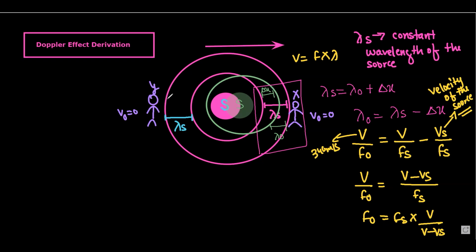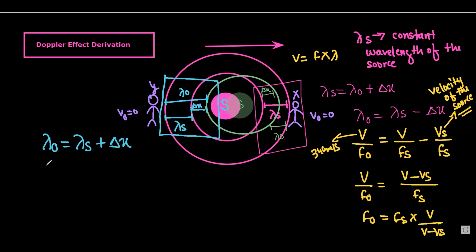So the change in wavelength between the old one and the new one is del x, which represents the wavelength of the previous position minus the wavelength of the same source in a new position. Using these three variables, we can write a new equation: lambda naught is equal to lambda s plus del x.